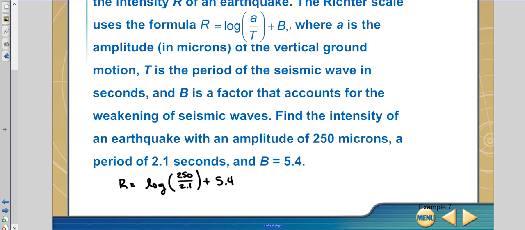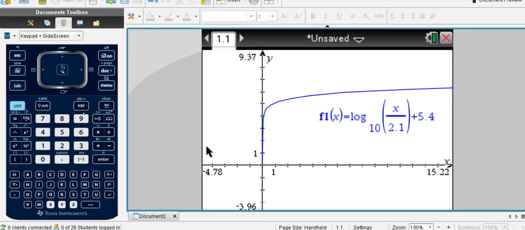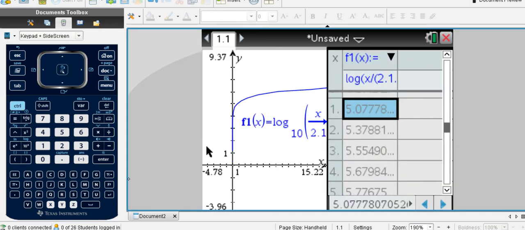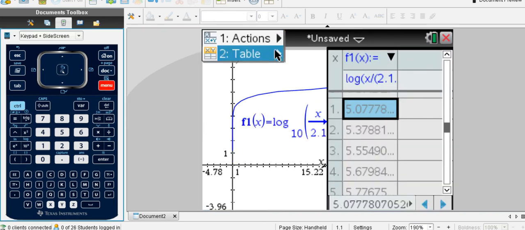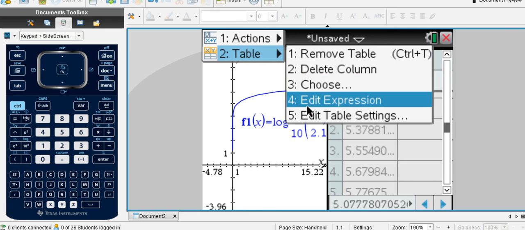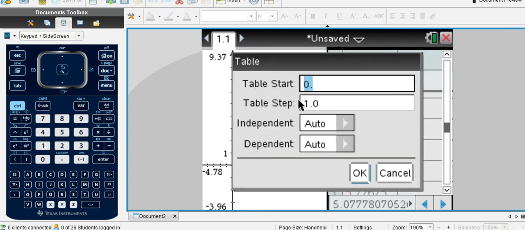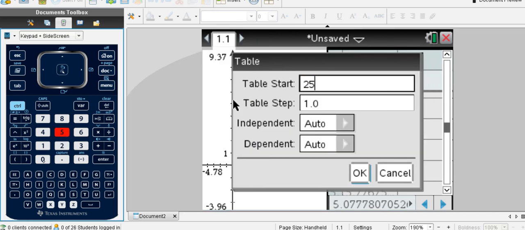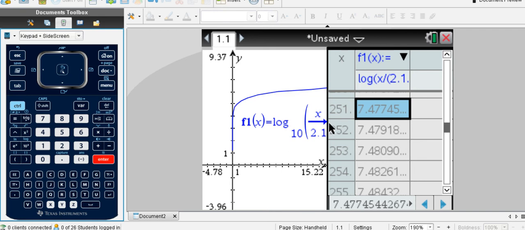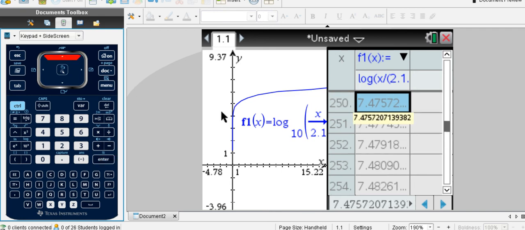Two ways you can do this. Since we already have this graph, you could go to your table by pressing Control-T and skip down to 250. To get there quicker, you can press Menu, Table Settings, edit Table Settings, and just say, let's start at 250 and see what the value is. When x is 250, the Richter scale gives you your answer.